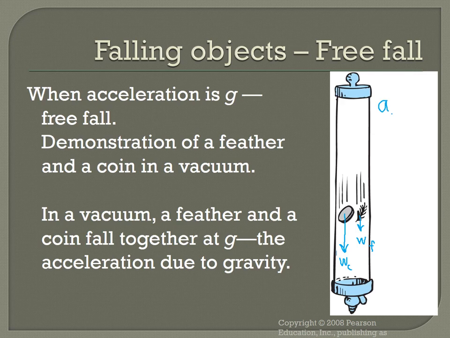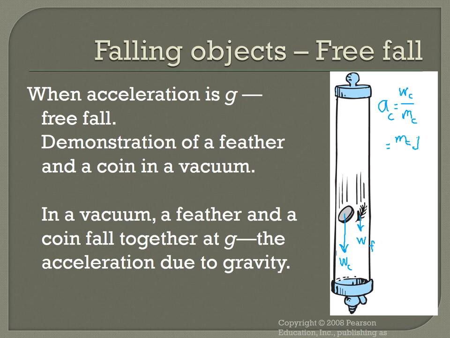So if I want to find out the acceleration of the coin, I would put the net force acting on the coin, which we've just said, the only thing that's acting is weight, and therefore when I add the weight plus nothing, I get just the weight, divided by the mass of the coin. Right? Now if you recall, when I defined what weight is, the mass of an object times g, gravitational acceleration.